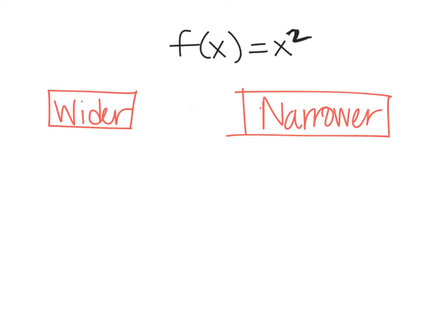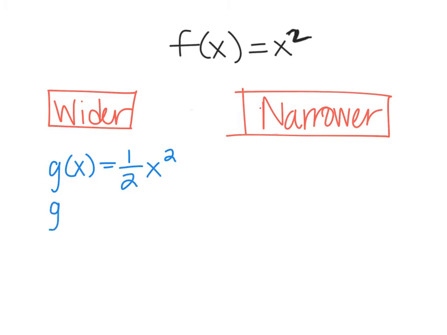Okay, now let's talk about wider and narrower. Let's take the function g of x equals 1/2 x squared. Notice that the only thing that's different is this a value in front. This one is wider because the a value is a fraction, or it's less than 1.